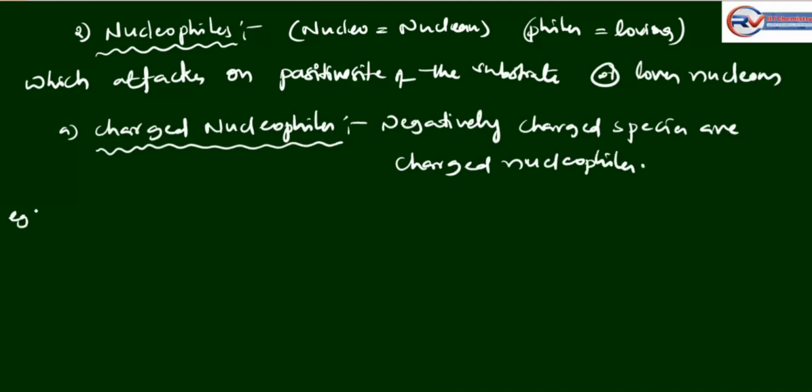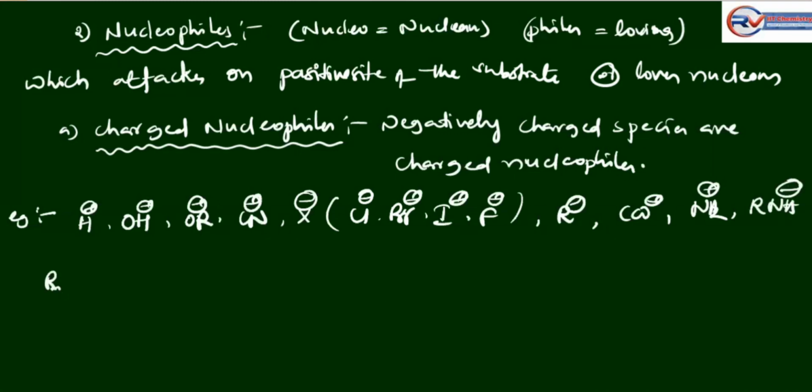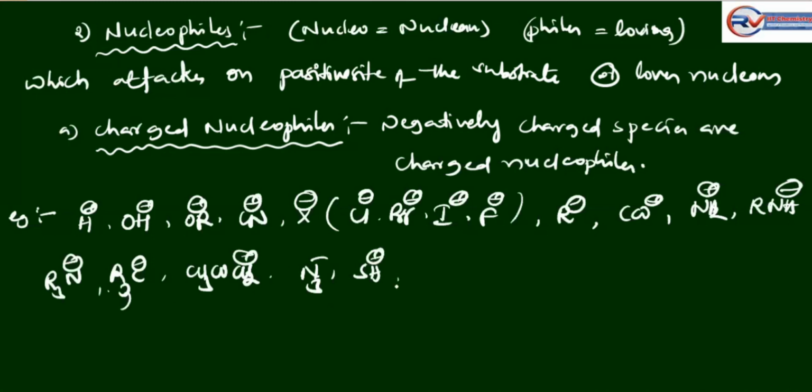Examples of charged nucleophiles: H minus, OH minus, OR minus, CN minus, X minus, where X minus means halide: Cl minus, Br minus, I minus and F minus, R minus, COO minus, NH2 minus, RNH minus, R3N minus, R3C minus, CH3COCH2 minus, N3 minus, SH minus, NO2 minus, RS minus.